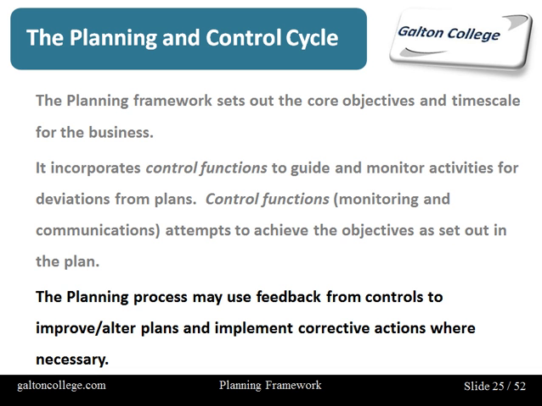The planning process may use feedback from controls to improve or alter the plans and implement corrective actions where necessary. Good planning may involve feedback mechanisms. In other words, at the end of a stage, feedback is sought, and based on the feedback, some corrective action can be taken to ensure it doesn't happen next time round.